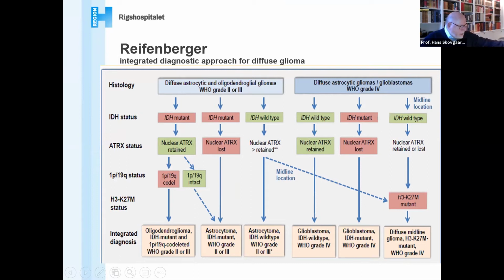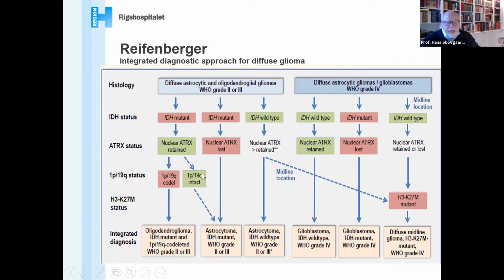And then there is the alpha thalassemia mental retardation syndrome linked mutant, the nuclear ATRX, which is also an important feature to find out when you want to classify them. And then there is, of course, the 1p19q status, because if it is deleted in the tumors, you get oligodendrogliomas.